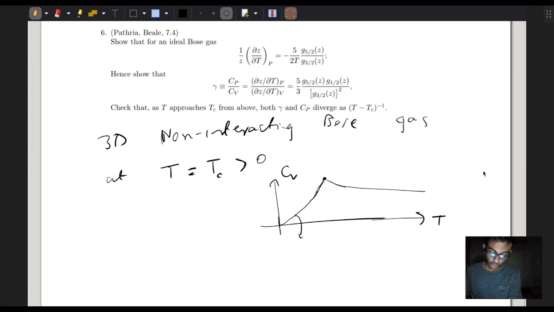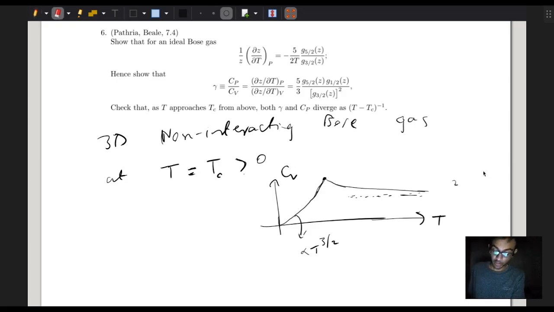Here it goes as T to the 3/2, and it attains the equipartition classical value of 3/2 k_B.